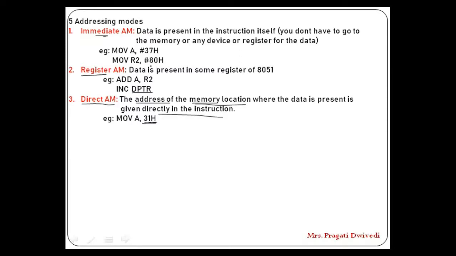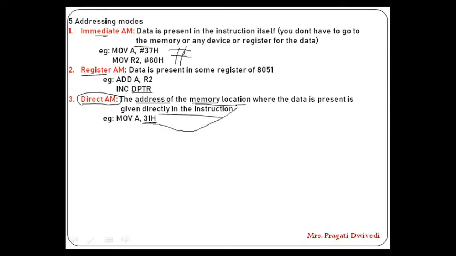Both have a number directly given in the instruction, but in immediate you should have the hash symbol. Only if you have a hash and then a number, it is the data. Directly you move 37 in A. But if you don't have the hash symbol, that means it is an example of direct addressing mode. So 31 is the address of the memory location.